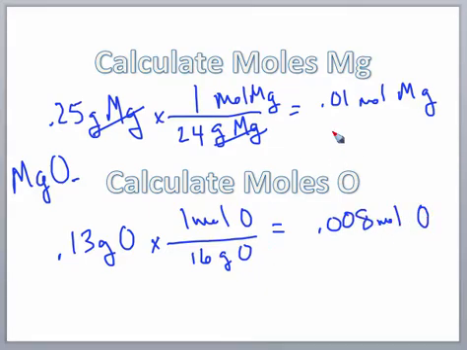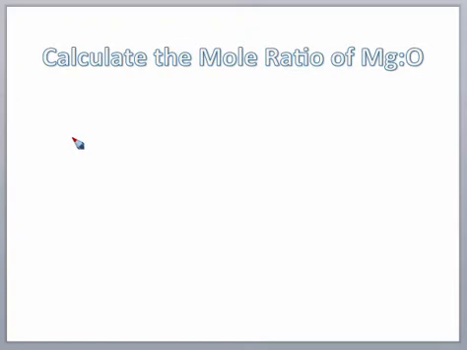So what I'm going to do is take my moles of magnesium and my moles of oxygen, and figure out what the whole number ratio is between magnesium and oxygen, and see if it's a 1-to-1 ratio. To do that, it's a simple math problem. We're trying to find the ratio of magnesium to oxygen.